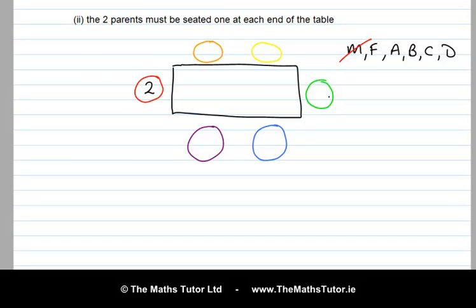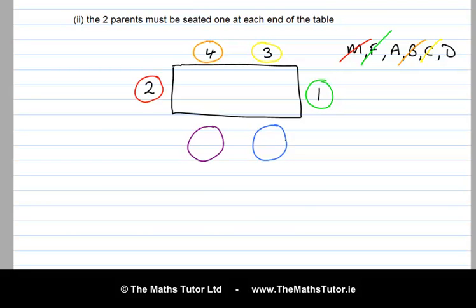Now we need to deal with the green seat. Either the mother or the father must sit here. The mother is already seated, so it's got to be the father. We have 1 choice. So now the remaining seats, we can put any of the children at any of these seats. So let's look at the orange seat. We could have any one of the 4 children. So let's say B. For the yellow seat we've got 3 remaining children. Let's say C sits there.